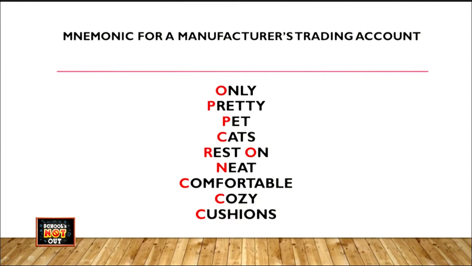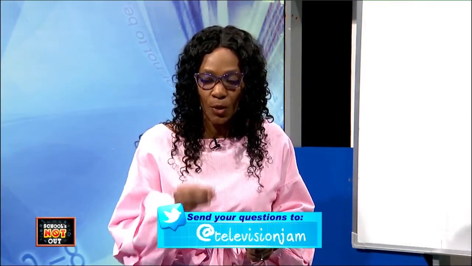Only pretty pet cats rest on neat, comfortable, cozy cushions. Now, students, the question is, what's different? Pretty. Yes. Pretty has been inserted for you to remember a particular item that you cannot forget when you're doing the manufacturer's trading account. It really stands for our production cost of goods completed or brought down.